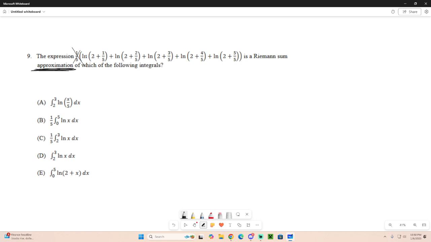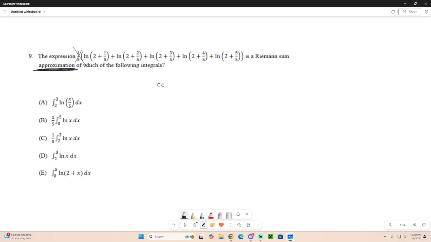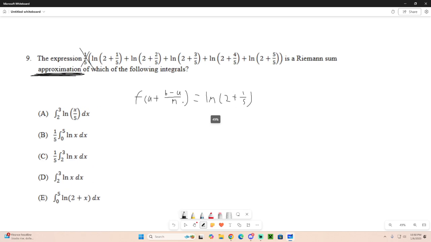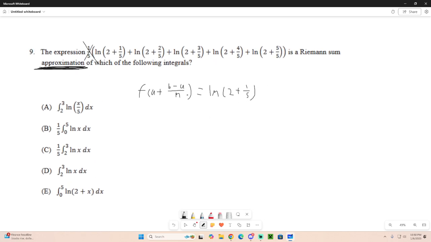So we know that our height at the first thing is ln of 2 plus 1/5, and the second thing is ln 2 plus 1/5, right? So we can use what we did before. We got f of a plus b minus a over n equals ln of 2. Do we need to include k or no? No, we don't. Well, here's the thing, right?